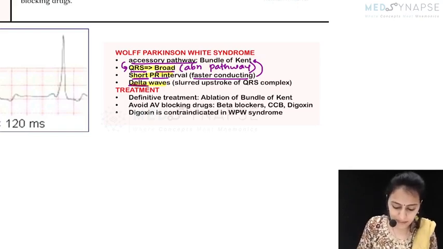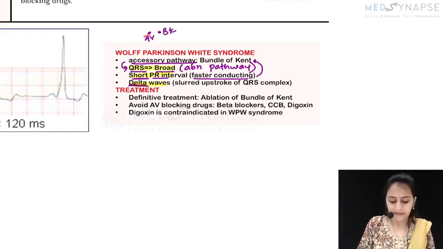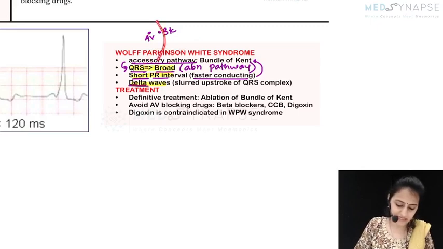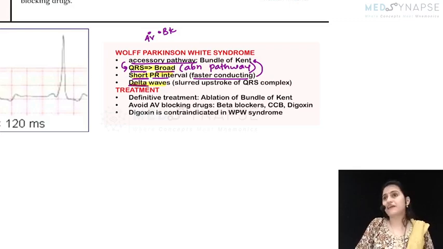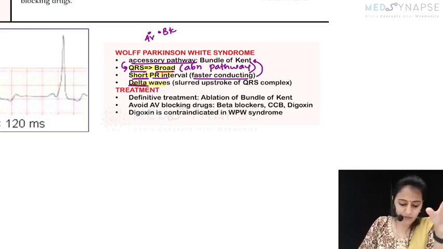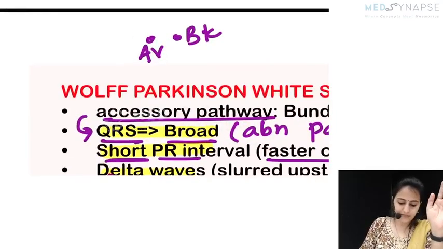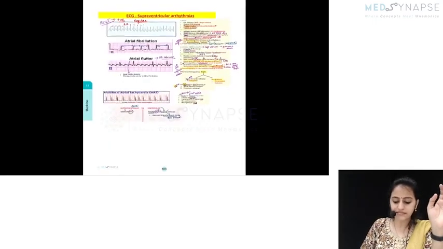So in WPW, basically there is an AV node and there is a bundle of Kent. The bundle of Kent is trying to take the signal to the ventricle, abnormal pathway, broad QRS, faster conducting, PR short. So in WPW, should you give AV blocking drugs or not? Dena chahiye ki nahi dena chahiye? Nahi dena chahiye, because both of these are competing.